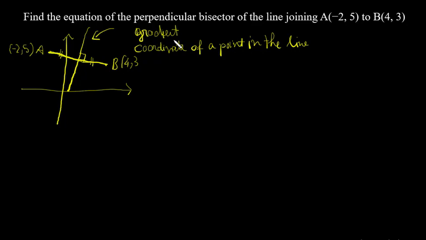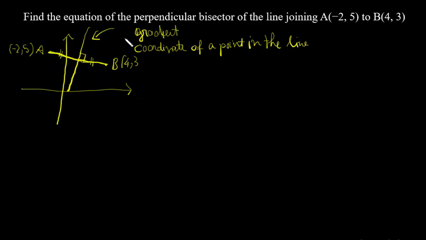So now how can we find the gradient? Because they are perpendicular, we think of the rule m1 multiplied by m2 is equal to -1. And to find the coordinates of a point, because it passes through the midpoint, we have to find the coordinates of the midpoint of this line.